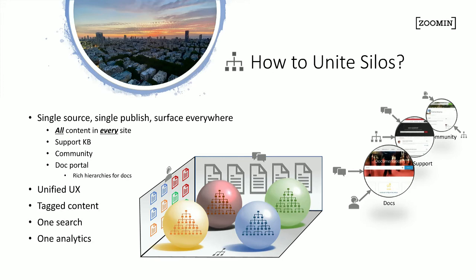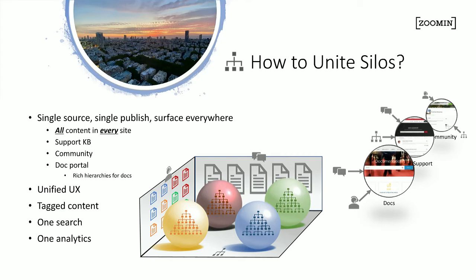And this is a very powerful idea that wherever you are, if you happen to land in, say, a community site, you would see your entire documentation with all of its richness. You would see all the KB articles, all the community posts, all in one place. Same menus, same UX, and if you're in the doc portal, same deal, okay?